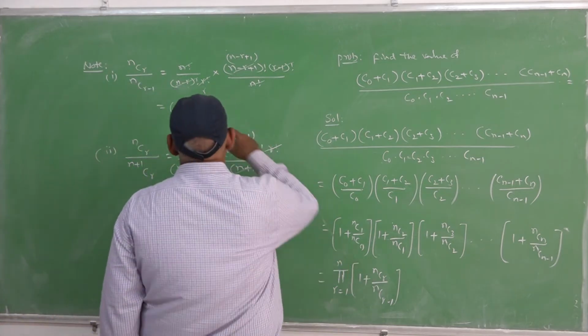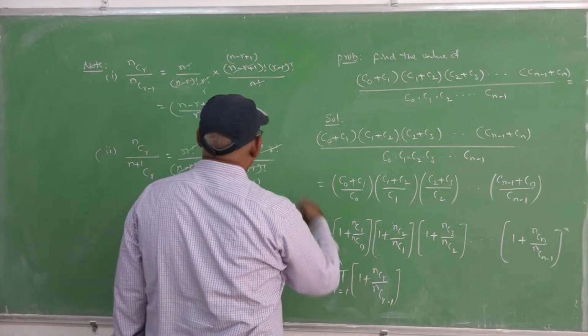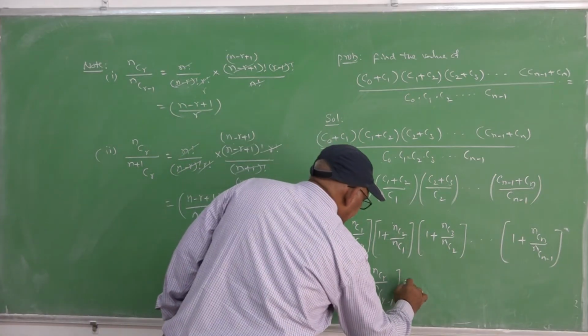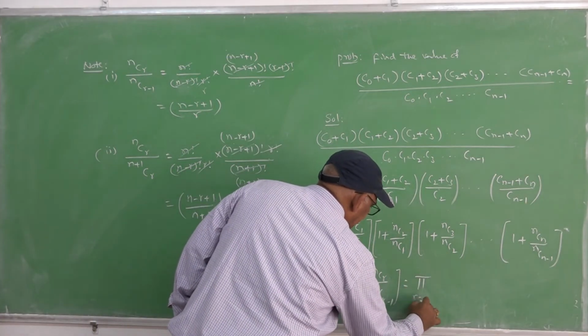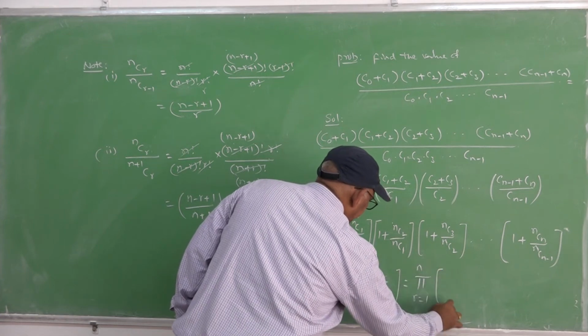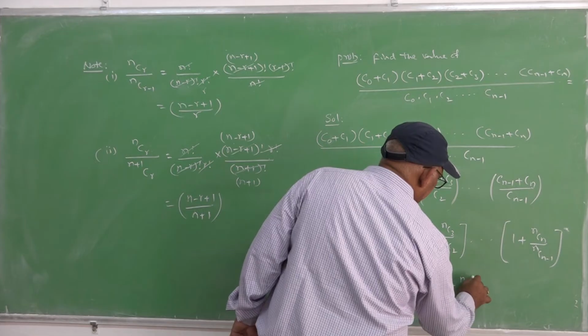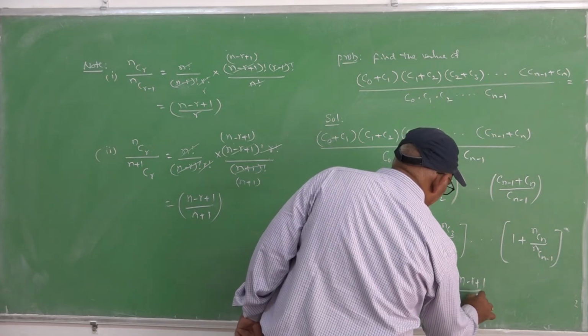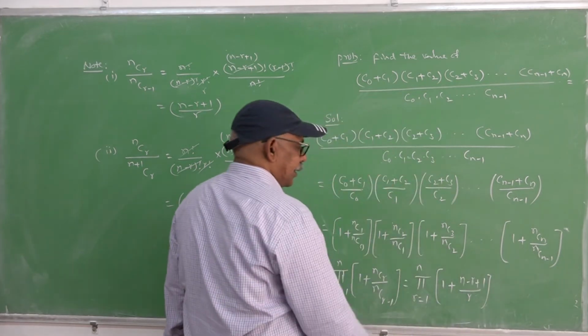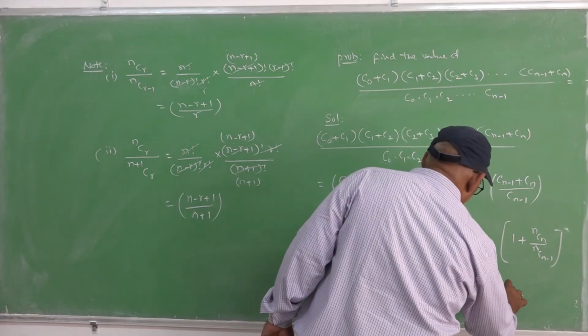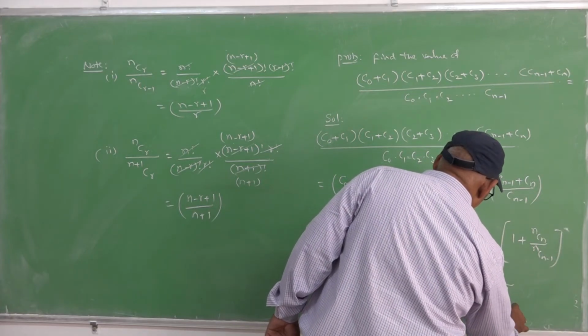So based on this result, nCr/nCr-1 is (n - r + 1)/r. That gives us the product from r = 1 to n of 1 + (n - r + 1)/r.